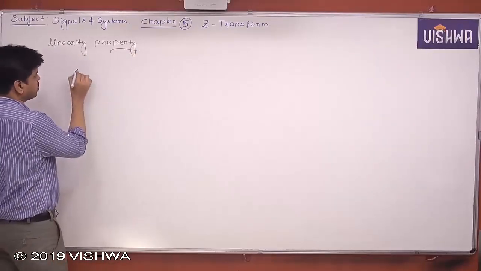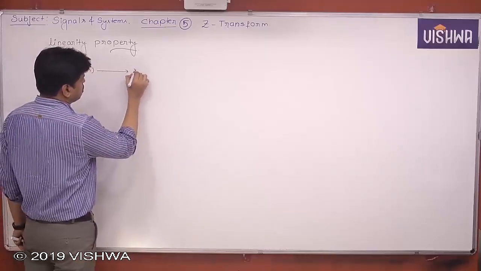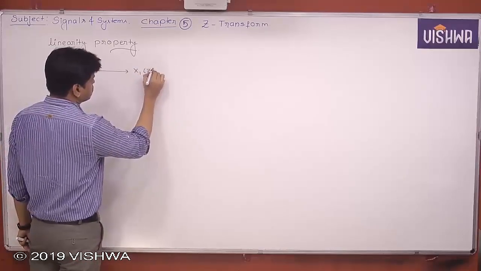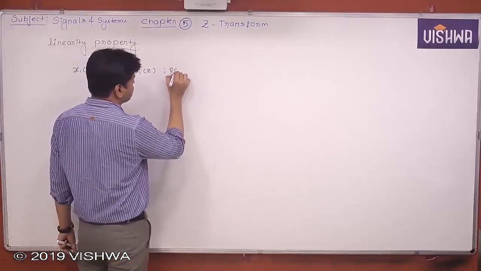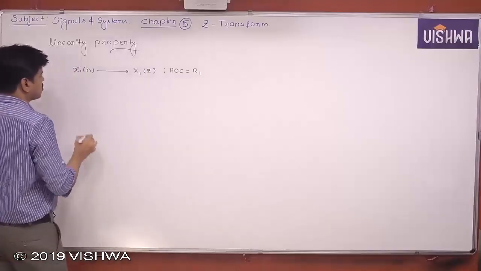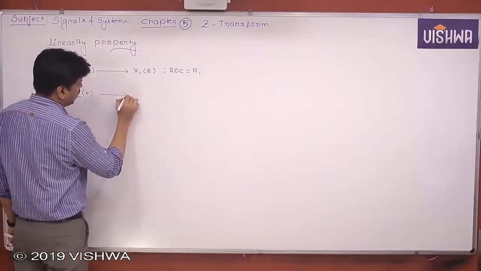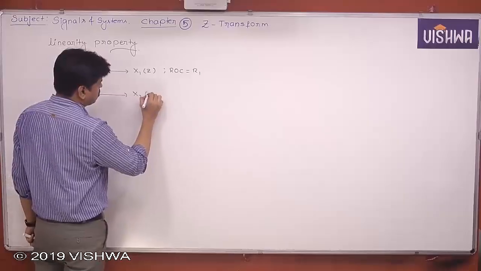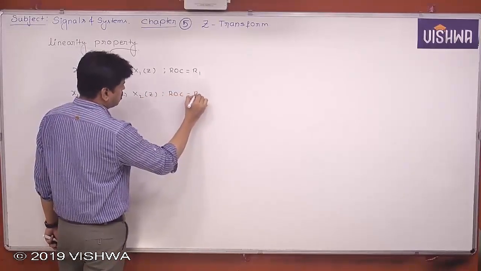Let's say a signal x1 of n having x1 of z as the Z-transform and ROC is equal to R1, and another signal x2 of n having Z-transform x2 of z, ROC is equal to R2.